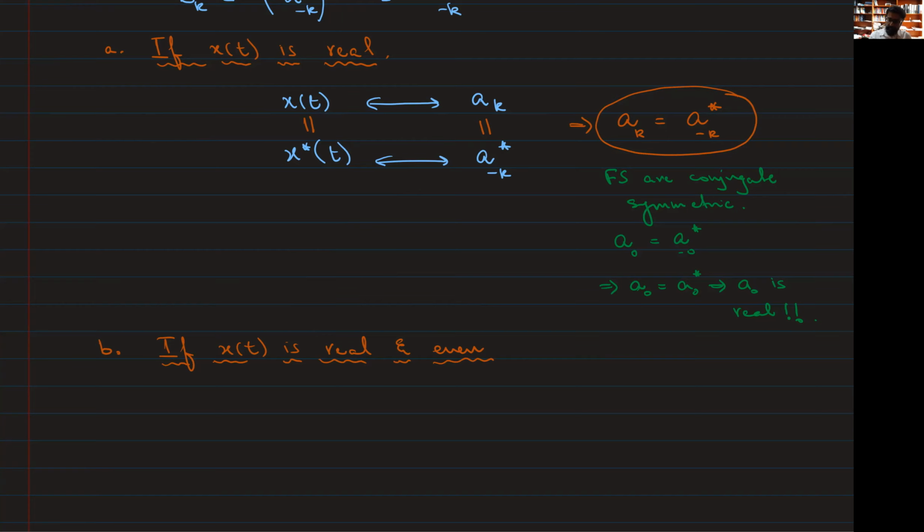So if x of t is real, I know from the analysis that I've done earlier that A k is equal to A minus k conjugate. All right. So, Daniel, how do you derive that A k is real?